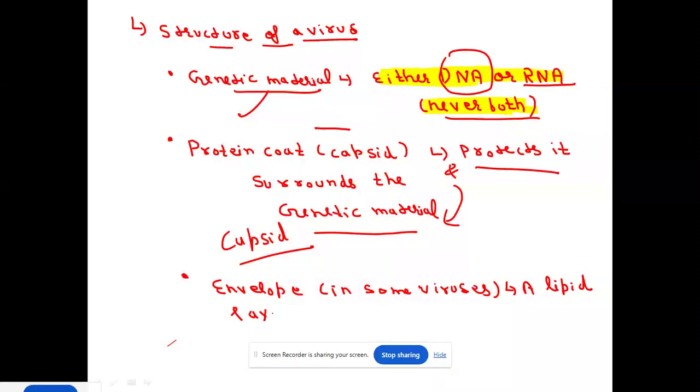This envelope is basically a lipid layer which is derived from host cell membranes, because, as I told you already, the host is having the cell membrane.